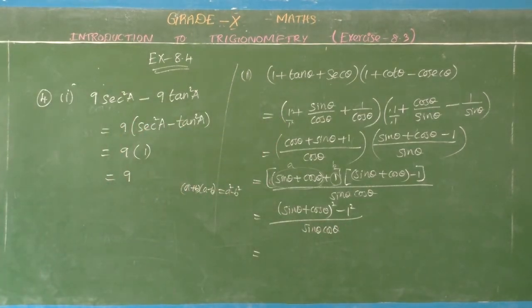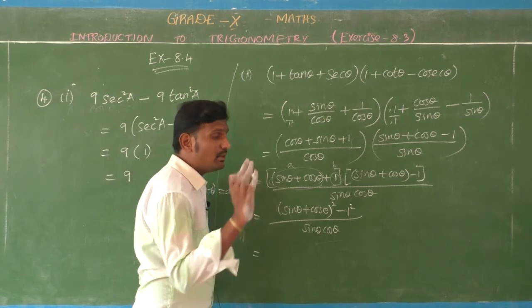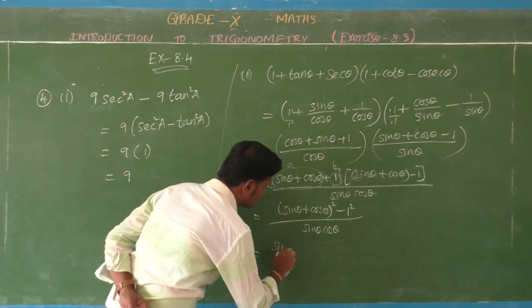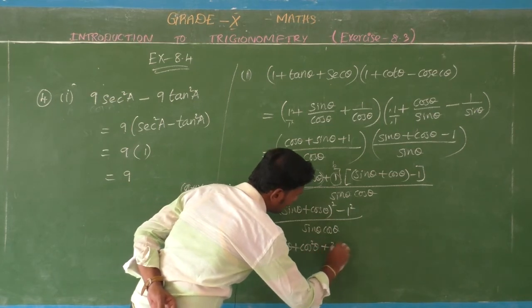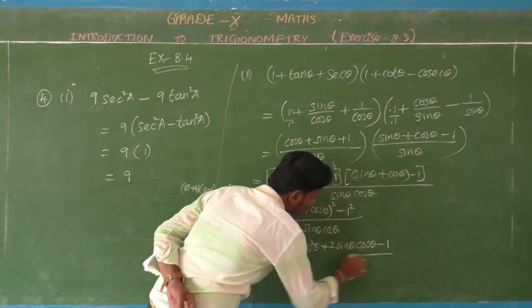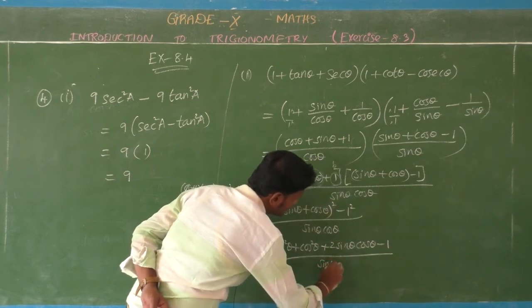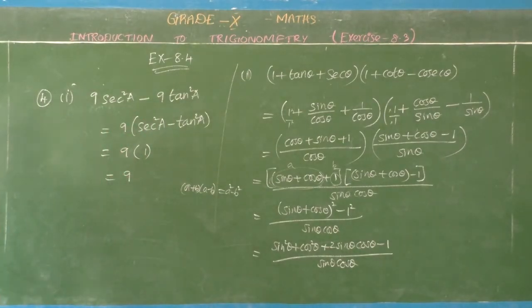Now you have the formula of A plus B the whole square, which gives A square plus B square plus 2AB. So sin square theta plus cos square theta plus 2 sin theta cos theta minus 1 square is 1, the whole divided by sin theta cos theta.